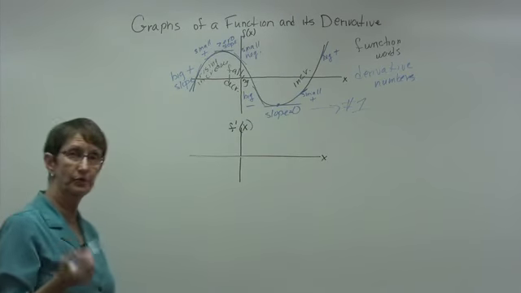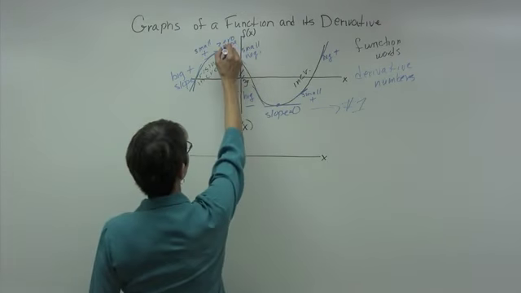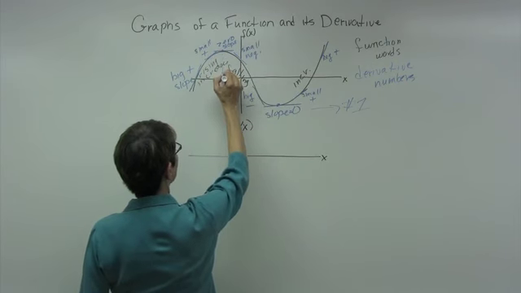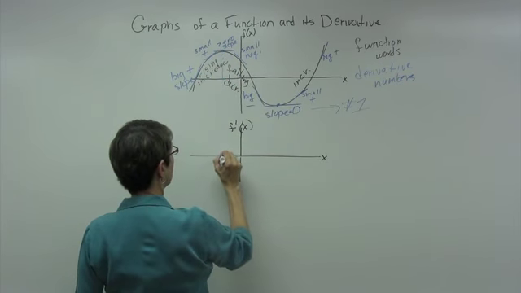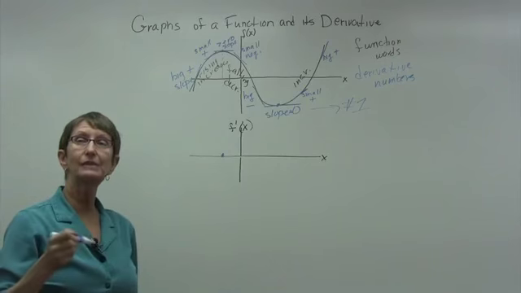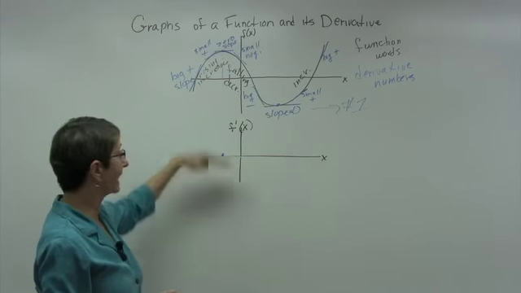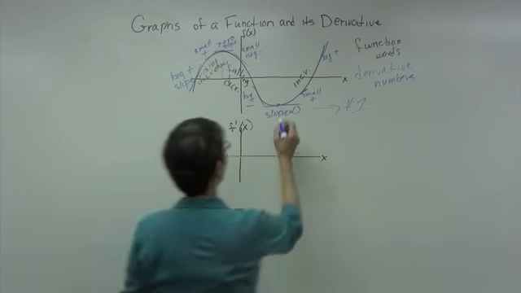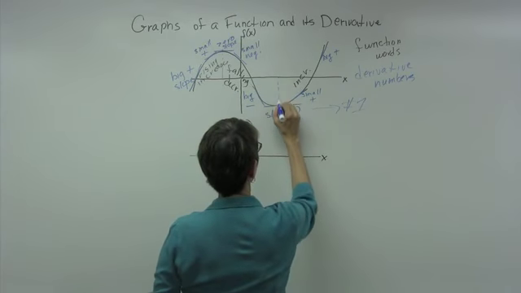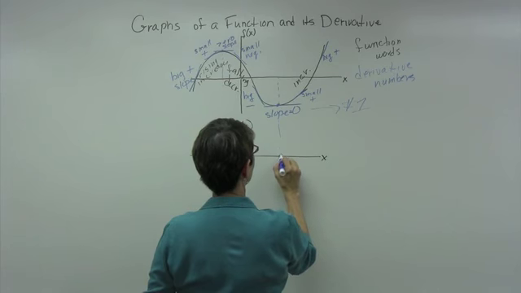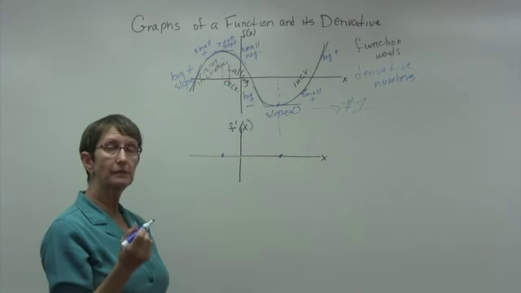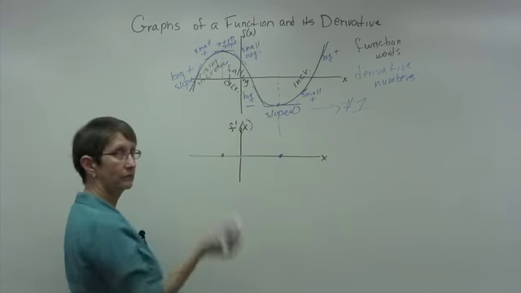Check where the slopes are 0. I had a 0 slope here. And if the slope equals 0, that value equals 0, which means it's on the x-axis. And I have one here, whatever that x value is, right here. So those are the two places where the slope is 0, so the derivative is 0.